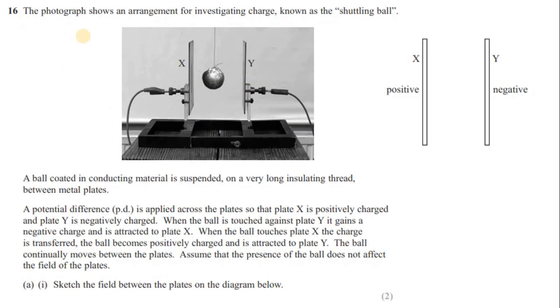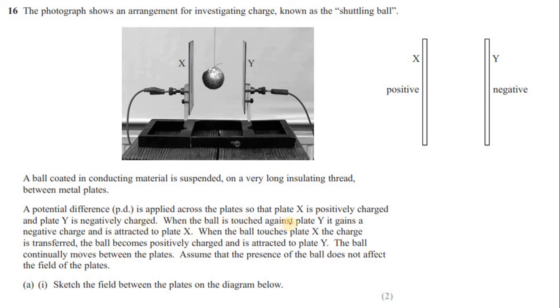The photograph shows an arrangement for investigating charge known as the shuttling ball. So we have a system in which a ball coated in conducting material is suspended on a very long insulating thread between metal plates. A potential difference PD is applied across the plate so that plate X is positively charged and the plate Y is negatively charged.